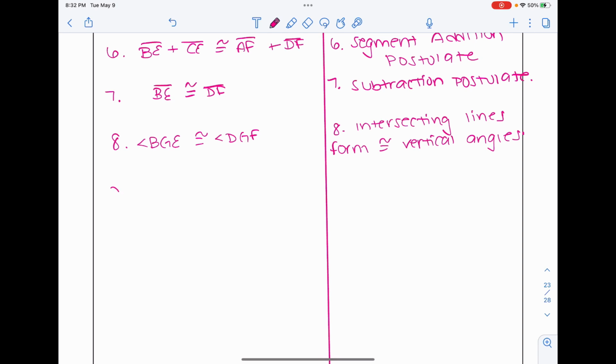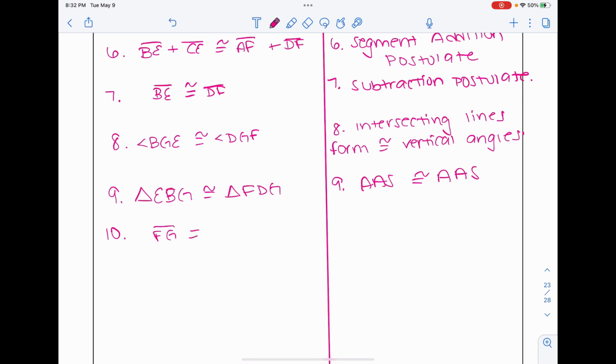So line 9, triangle EBG is congruent to triangle FDG, and that's because angle, angle, side is congruent to angle, angle, side. And lastly, our proof statement, FG is congruent to EG by CPCTC. Okay, and finally, we have finished this proof.